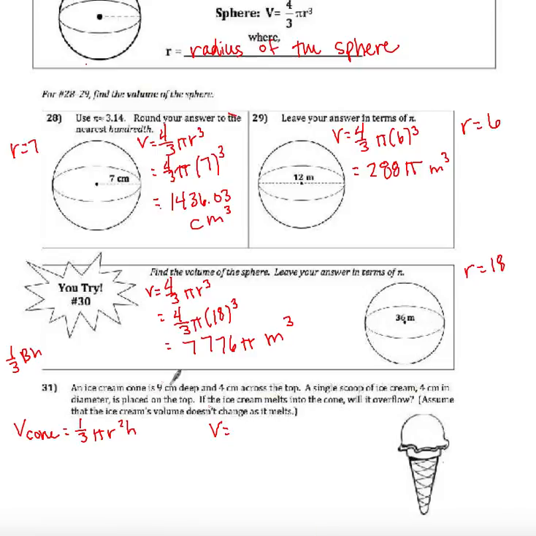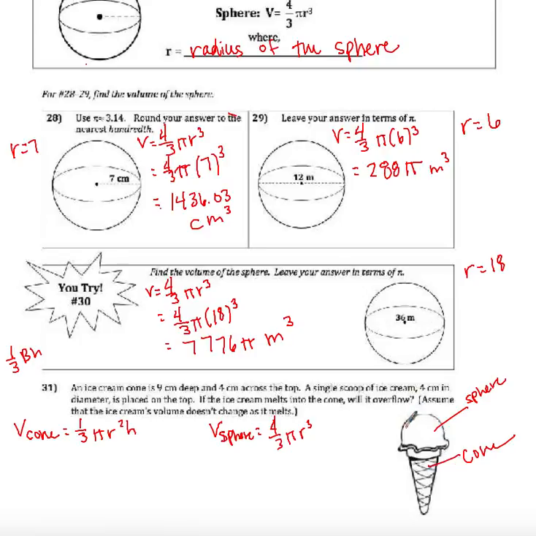Your volume of your ice cream is going to be a sphere. So this is our sphere, and this is our cone. The volume formula for a sphere is 4/3 pi r cubed.